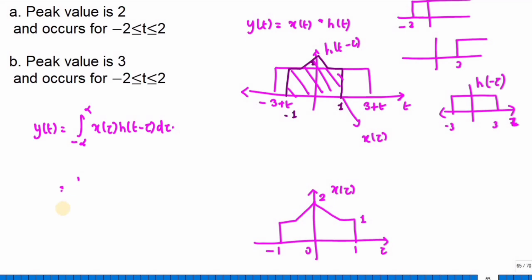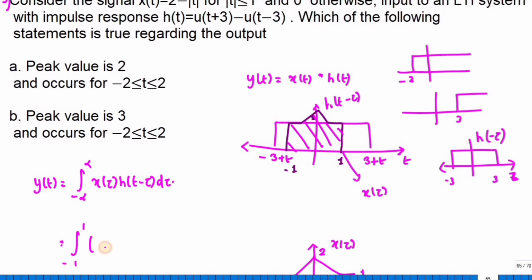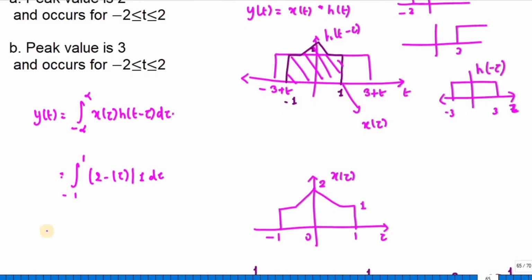So I can write it is ranging from -1 to 1, and x of tau becomes 2 minus modulus tau, and h of t minus tau is 1, d tau. So if I simplify this one, I can take 0 to 1, 2 minus tau d tau, and double it.